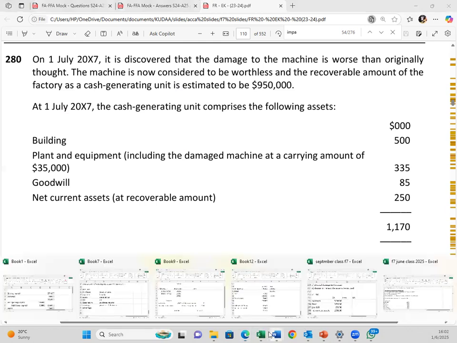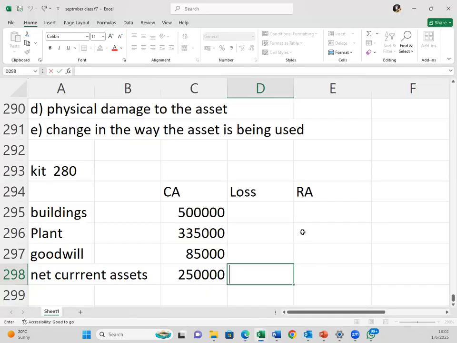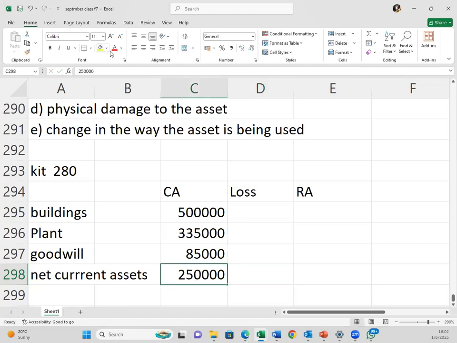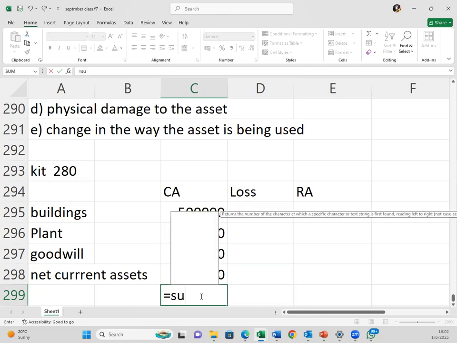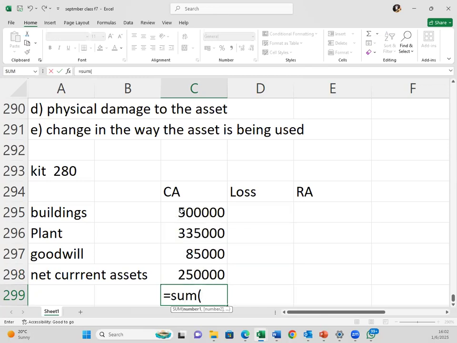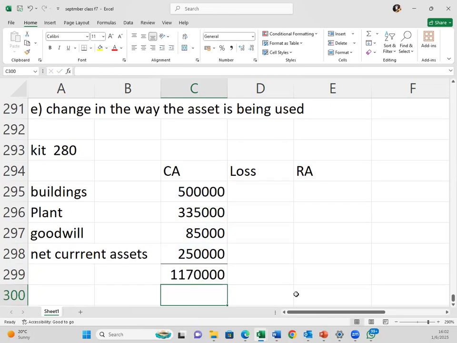For the sake of time, I'll do it myself first. So it means this 335 is inclusive of the plant that is now worthless. So we can add up the total there, we get the total carrying amount.